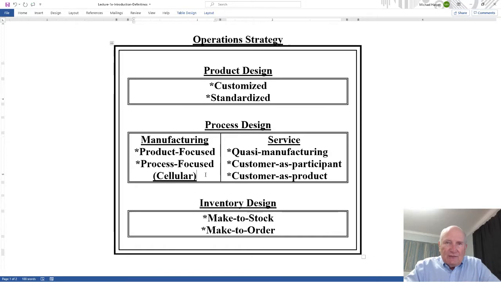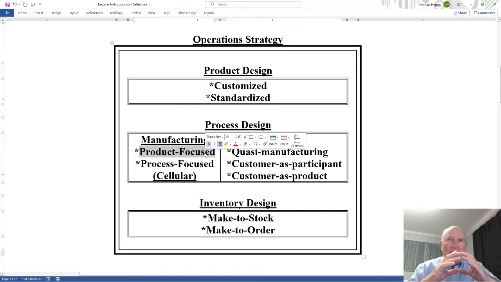Cellular manufacturing. Okay, cellular means you create cells. And within a cell would be product focused. And so the characteristics of a product focused design is high volume, low cost, and that's what the assembly line is about. High volume, low cost.